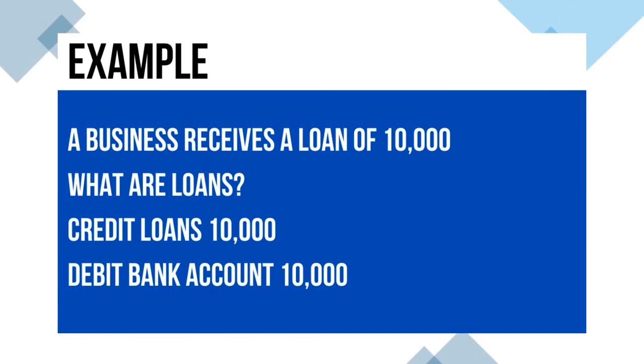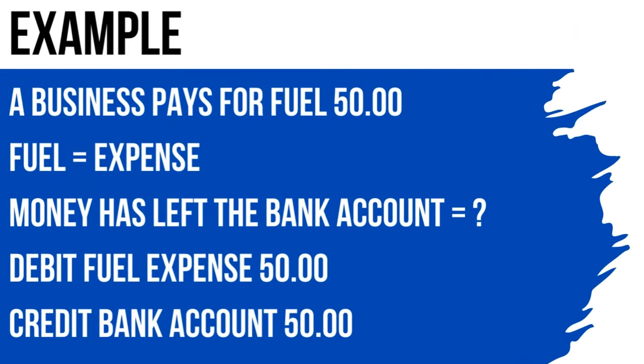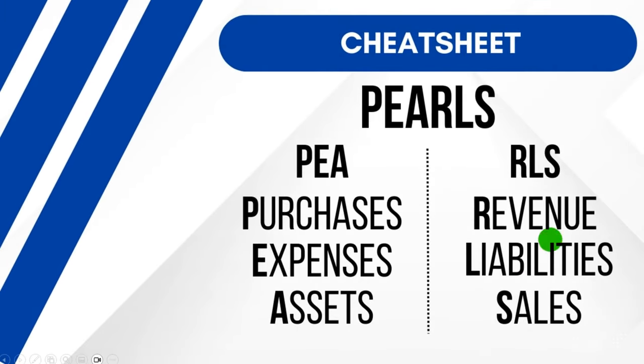A business receives a loan. Okay, you have two things happening and we have double entry bookkeeping. A business is receiving funds and it's for a loan. What is a loan? Is a loan an expense? Is it an asset? Is it a sale? Is it a liability? Well, a loan is something that the business owes.